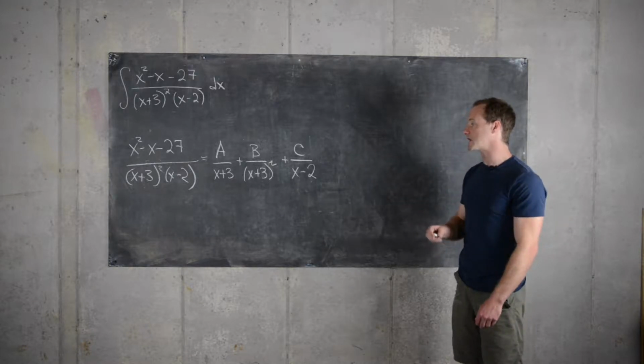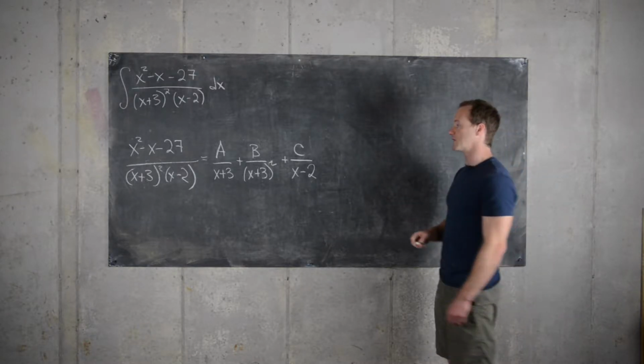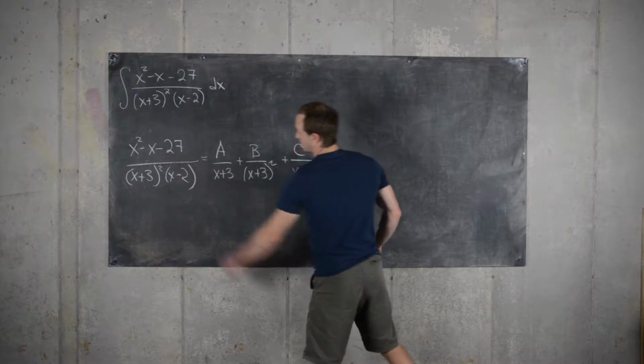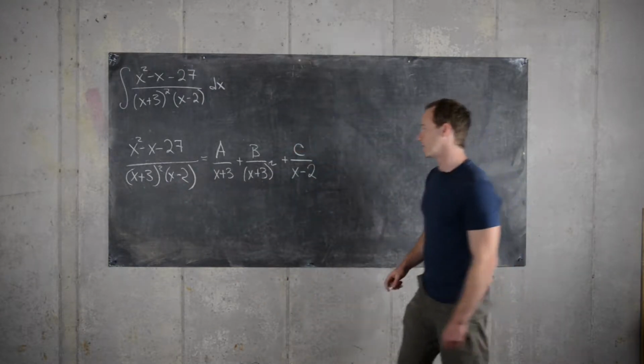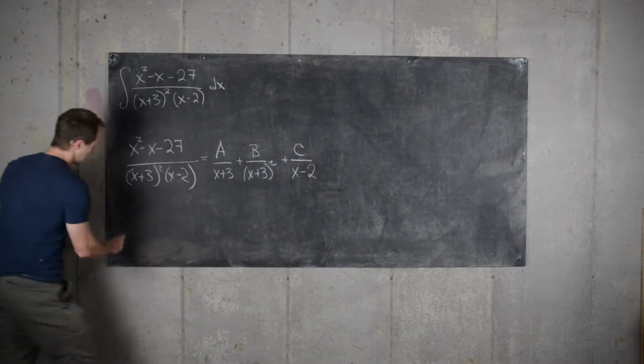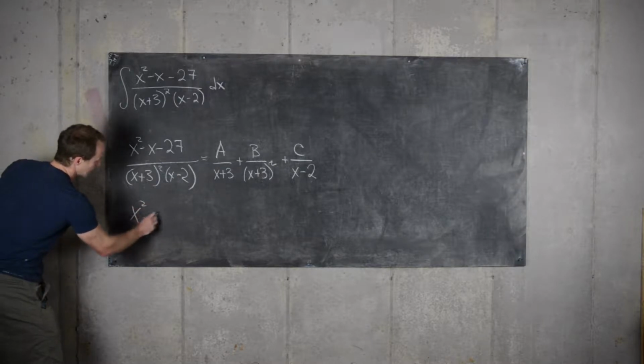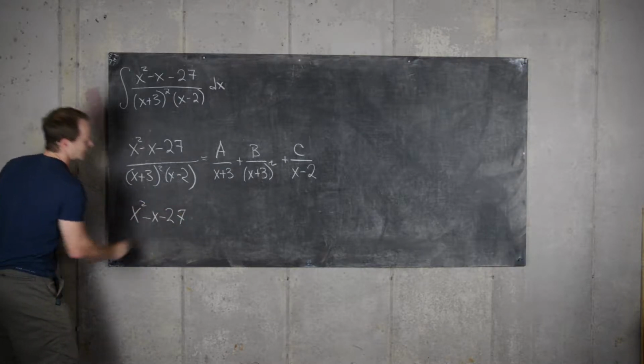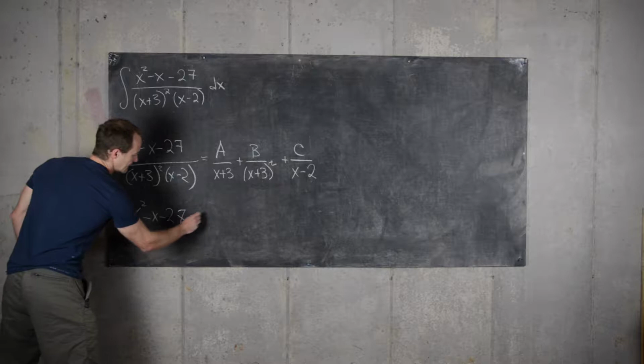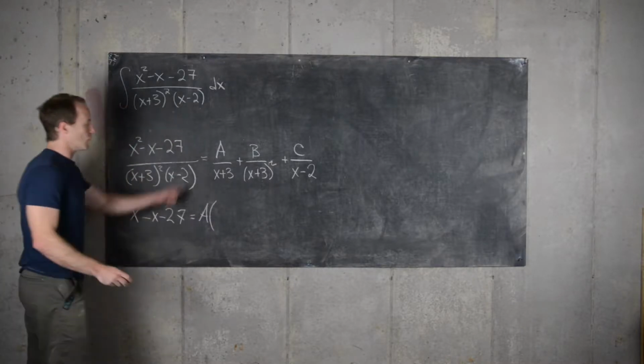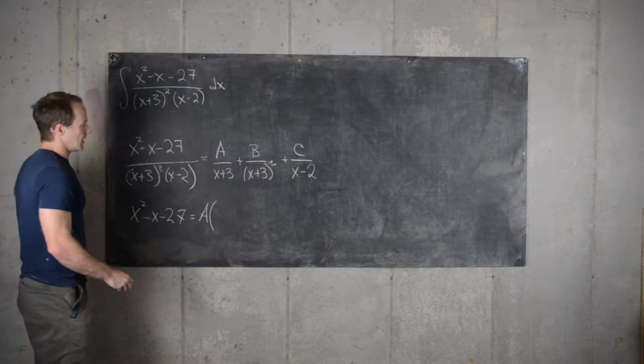So we'll go ahead and clear the fractions. We can clear the fractions by multiplying by the original denominator, and that'll give us x squared minus x minus 27 on the left-hand side, and then that gives us a, and then whatever's missing on the right-hand side.